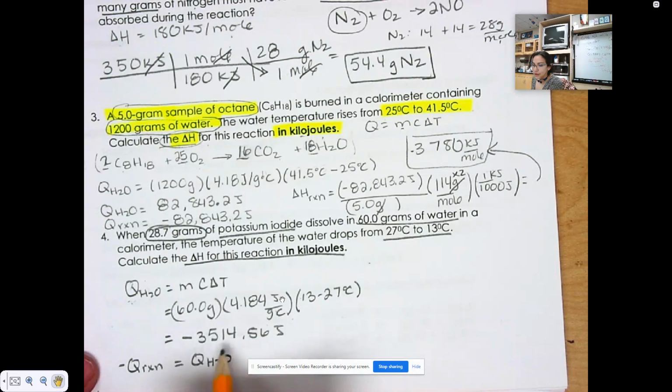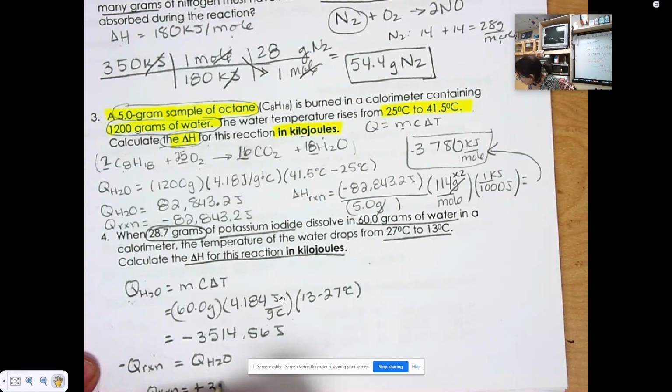So if these are equal, I have to carry out this negative, distribute it through, and it becomes positive. So therefore, my Q of my reaction is equal to positive 3,514.56 joules. This is my thermal energy that was transferred from potassium iodide reacting with water to water, right?